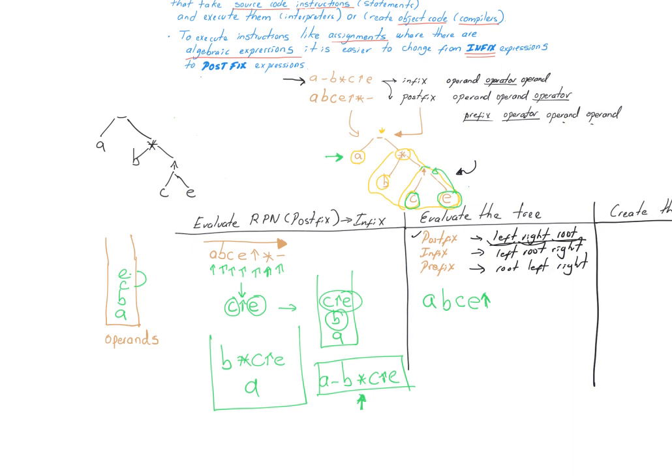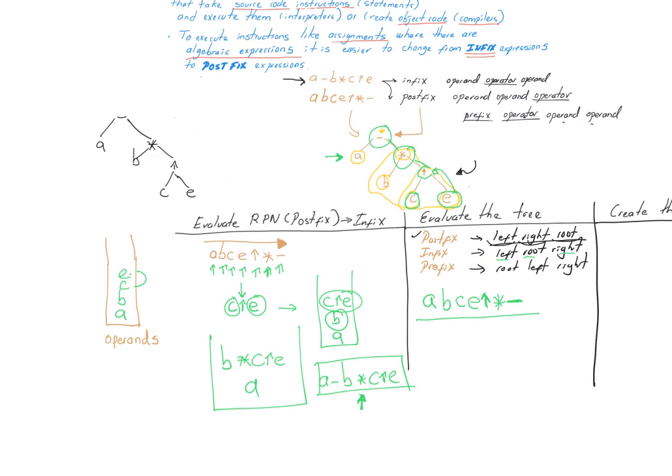Then I have already solved this subtree, which was the right. Now I can go back and solve the root, which was this. And then I do the same and go back and solve this, and then I got my postfix expression. If I were to use infix, well, it says here left, root, right.